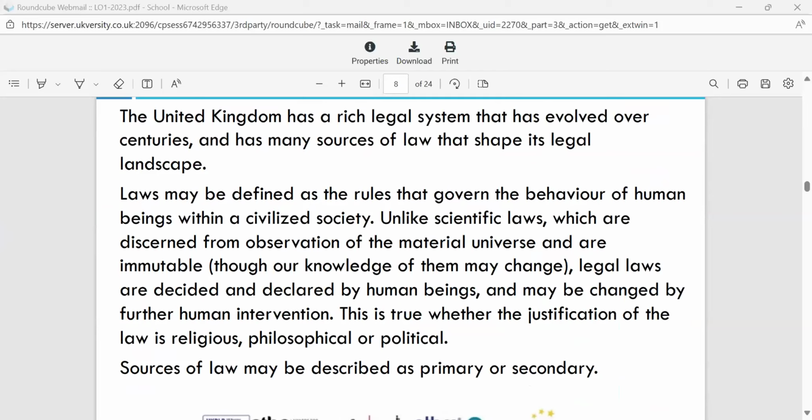These sources include acts of parliament and delegated legislation, while there's common law in play, there's conventions and rules and sources in place. Legislation is a big part of it.